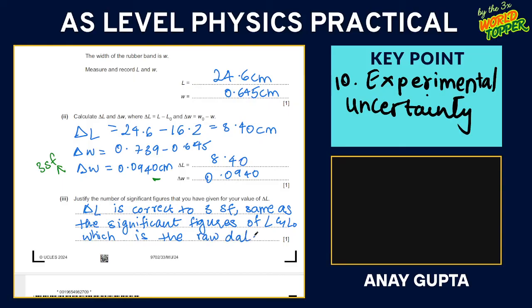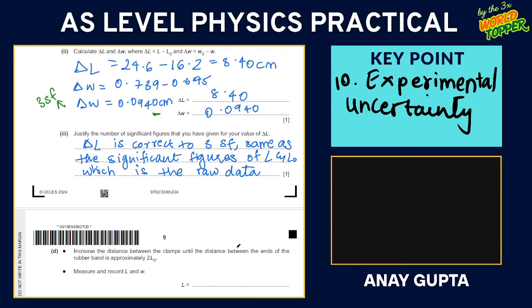Very important to use the keyword raw data. So our raw data is L and L0. L and L0 are to 3SF. So that is why delta L is also to 3SF.